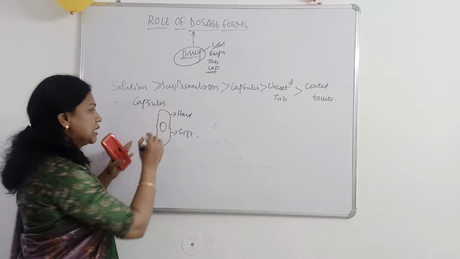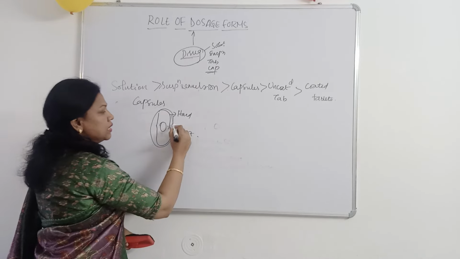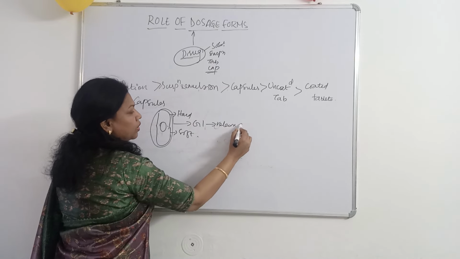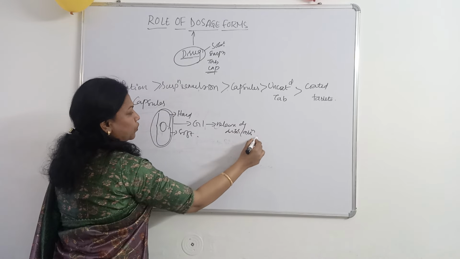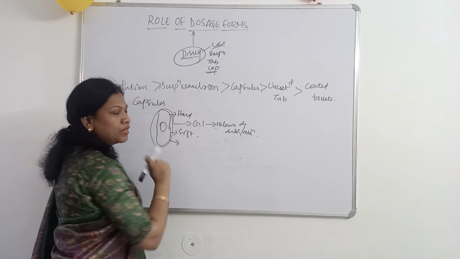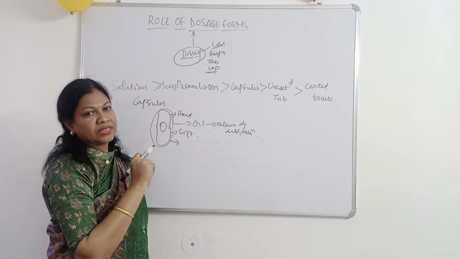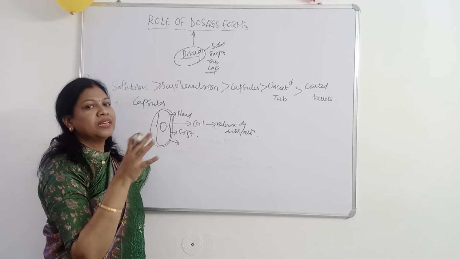However, these shells have to disintegrate in the GI fluids and then release the drug for dissolution and hence absorption. So the destruction of this shell is the main factor which will affect the oral absorption. Also, inclusion of any diluents.